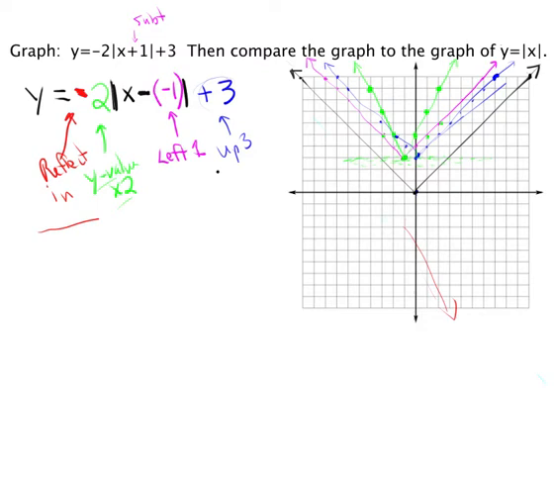Let me get rid of these lines. That reflection is actually going to be reflected across this horizontal line, and the equation for that line is y equals 3.